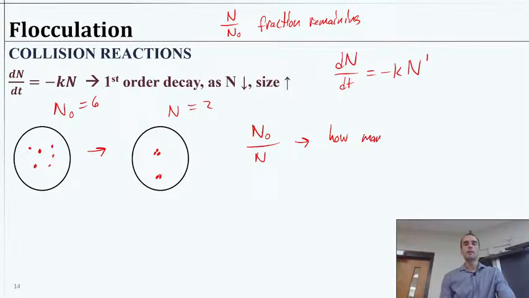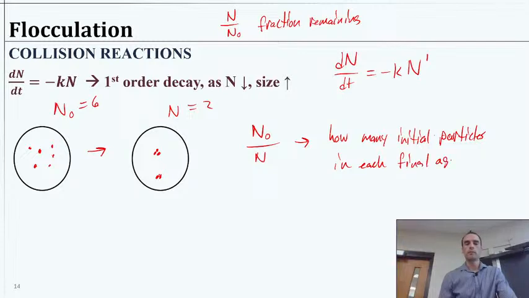So how many initial particles in each final particle or aggregate or whatever you want to call it, final aggregate. And in this case, from this example, n naught over n is 6 over 2, which is 3, right?